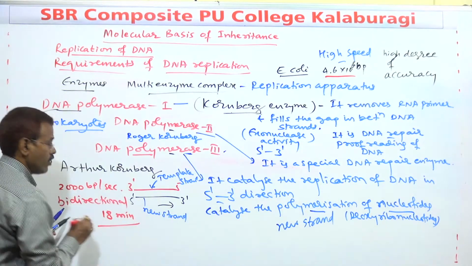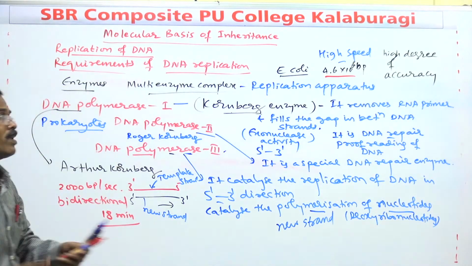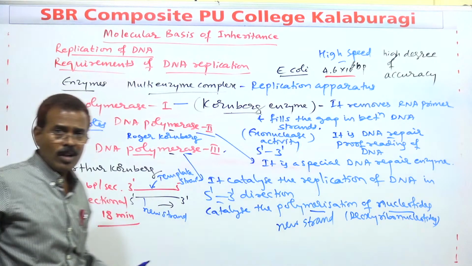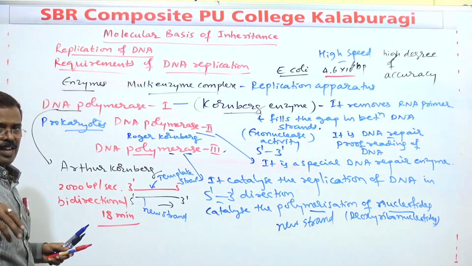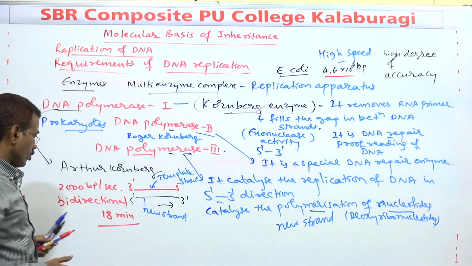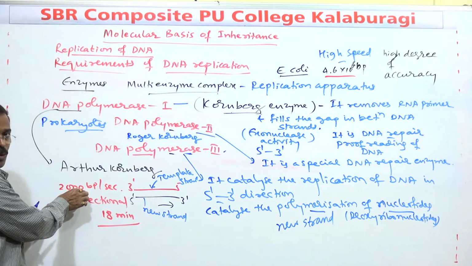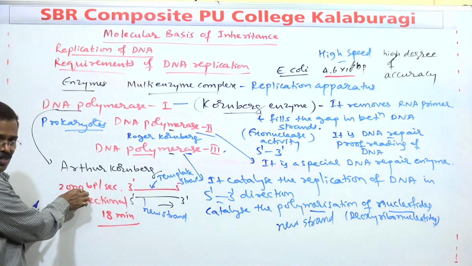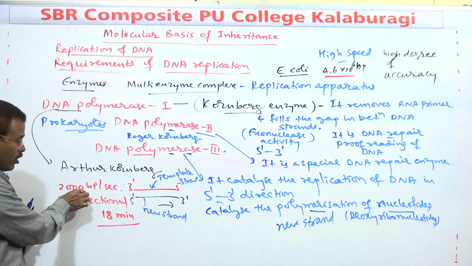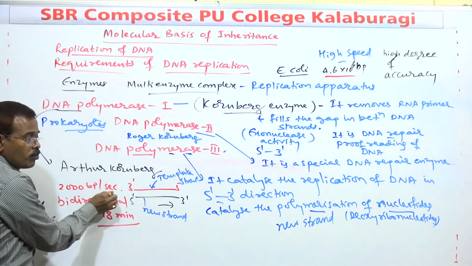So the speed of DNA polymerase 3 is 2000 base pairs per second.